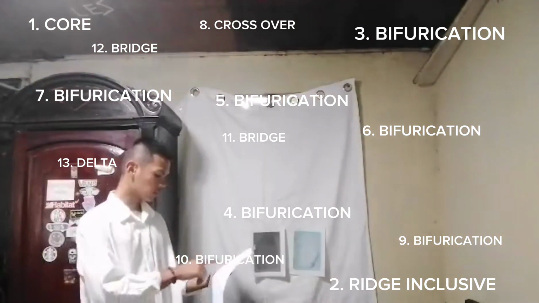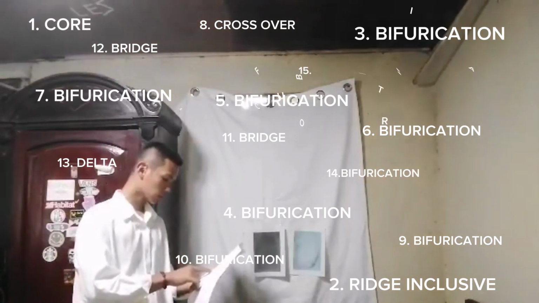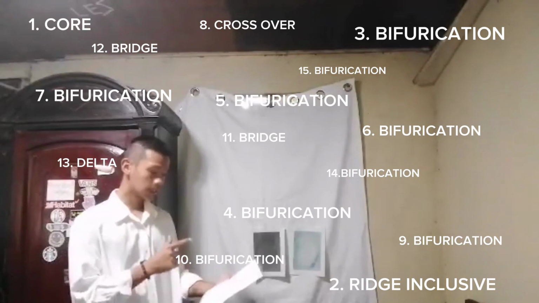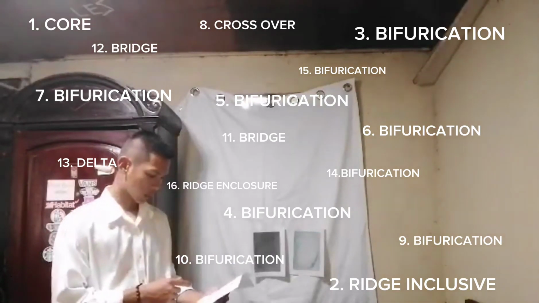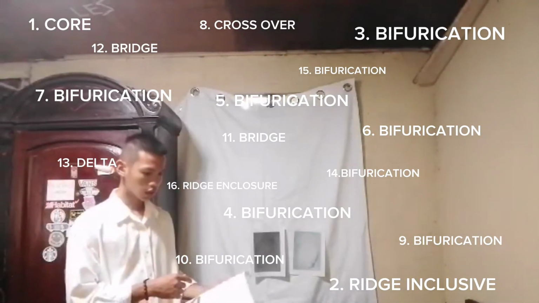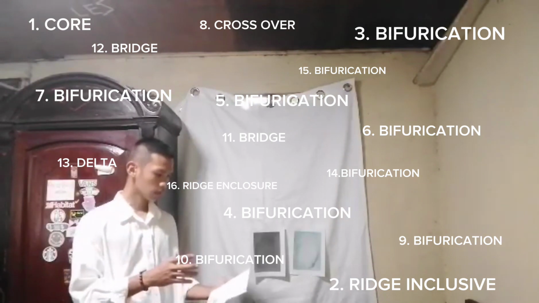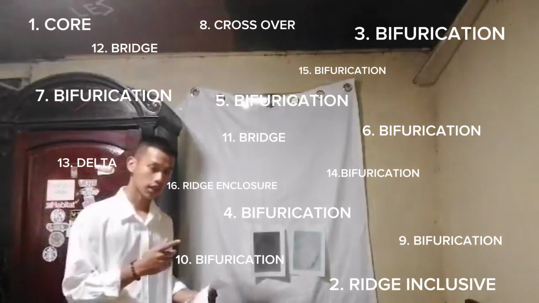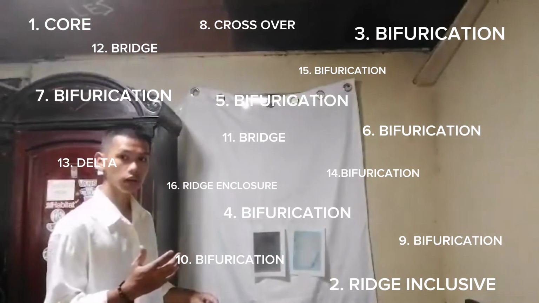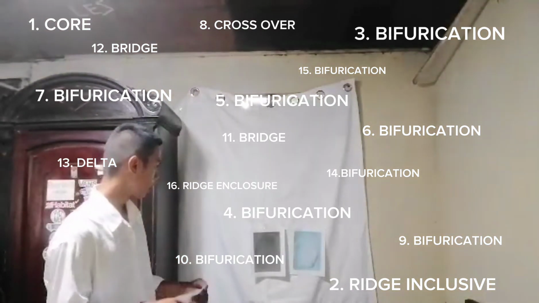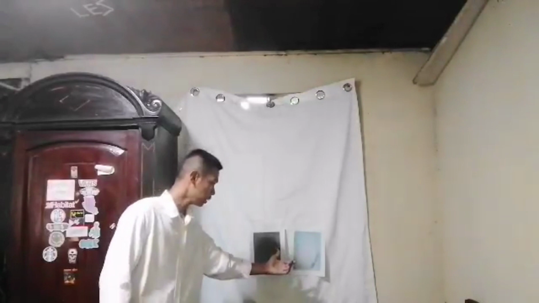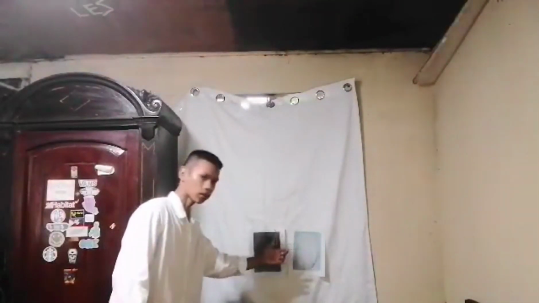And next, bifurcation, and last but not the least is ridge enclosure. Ridge enclosure, same as the second ridge enclosure. That's our latent print. And again, this is the plain impression and the latent print made by the fuming box.